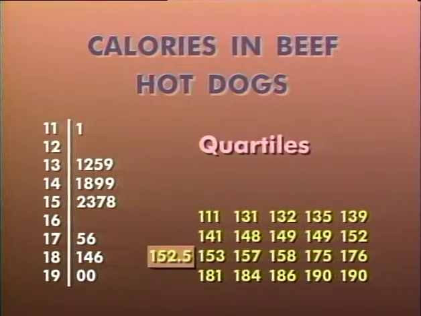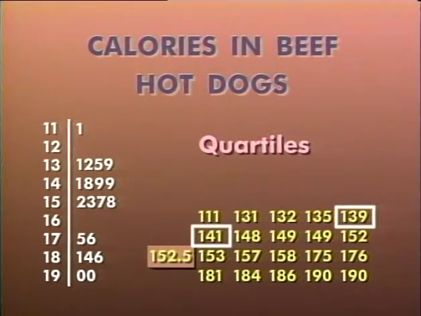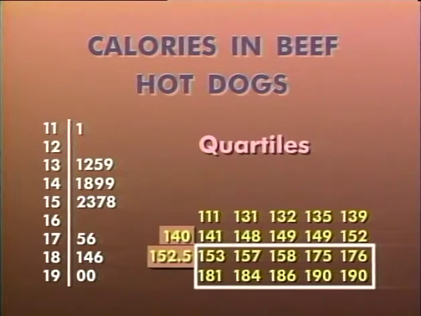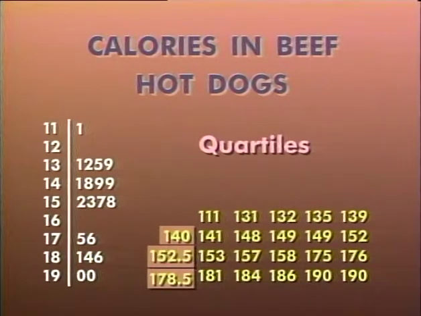We found that the median fell here, midway between the 152 and 153 values. So these 10 values lie below the location of the median. The first quartile is the median of these 10 observations. That's midway between the 5th and 6th value, or 140. The 3rd quartile is just the median of these 10 observations. Once again, this is the average of the 5th and 6th values, or 178.5.